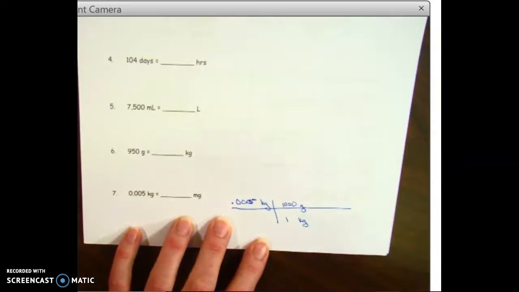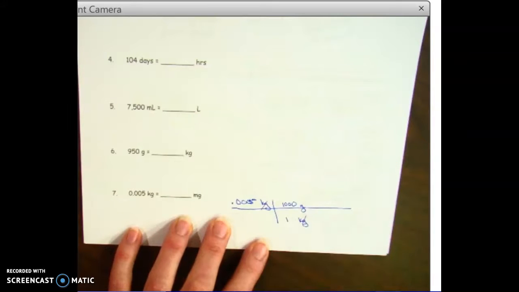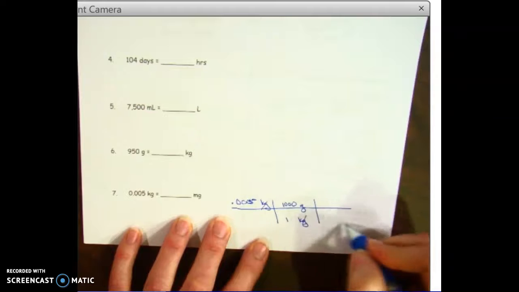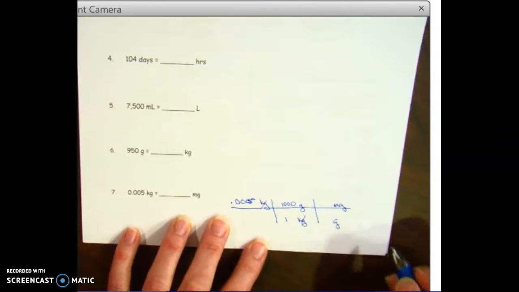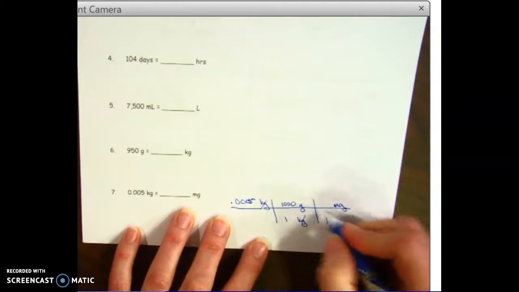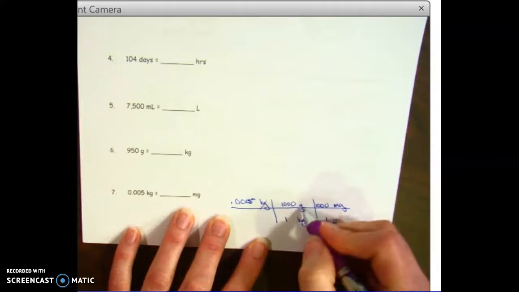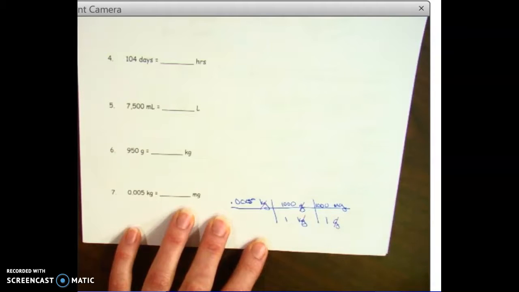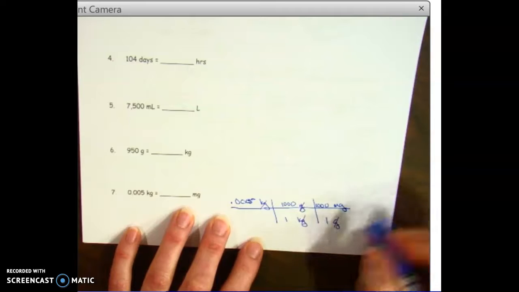Look at your units that are going to cancel. So right now my kilograms are going to cancel. I need grams to go away, so I'll drop grams down here. I can go grams to milligrams. A gram is larger, so I put the 1 here. 1 gram is 1,000 milligrams. I look at my units, grams are going to cancel, so now I multiply 0.005 times 1,000 times 1,000.